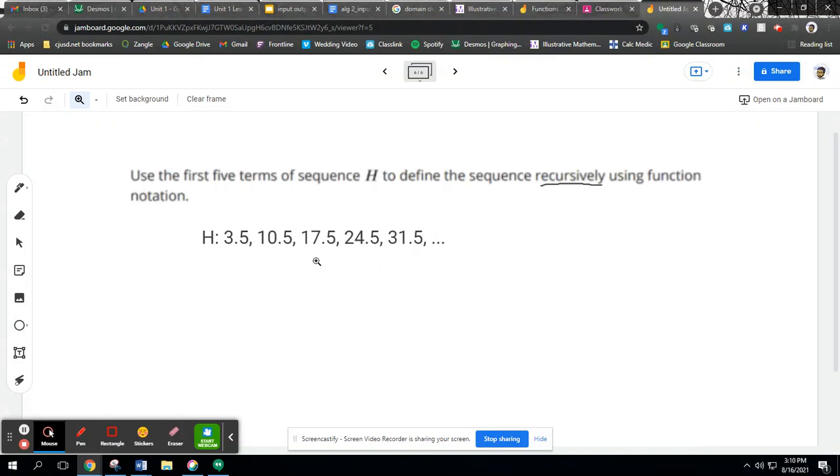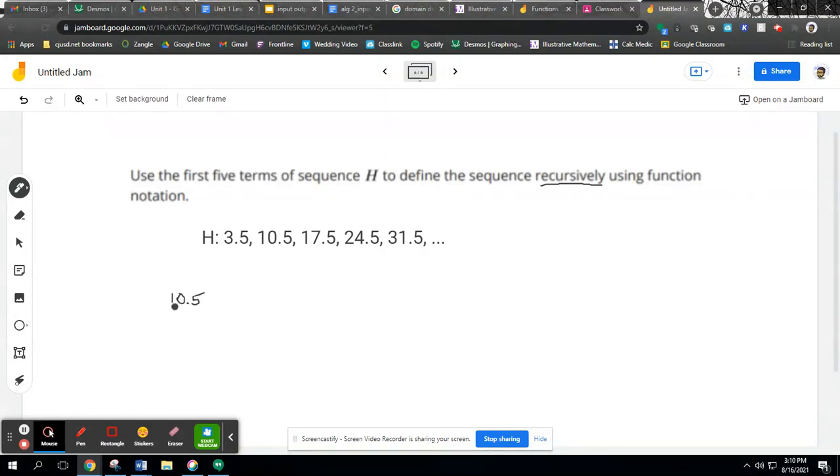All right, so looking at this sequence, I've got to think about what rule is happening here. Well, I think multiplication, but I can't think of something off the top of my head that would be 3.5 times something to be 10.5. But if it's multiplication, I could try taking the next term, 10.5, and dividing it by the previous term.